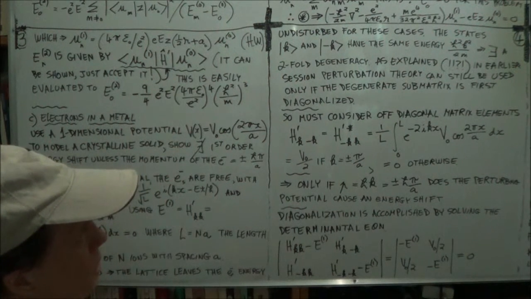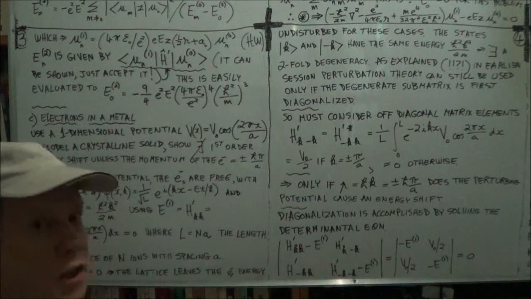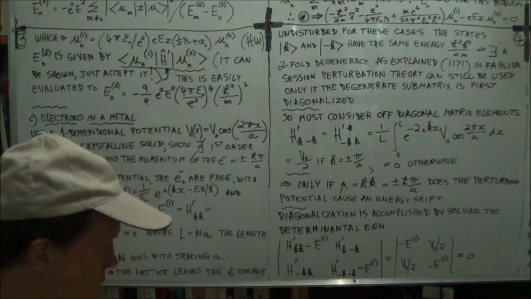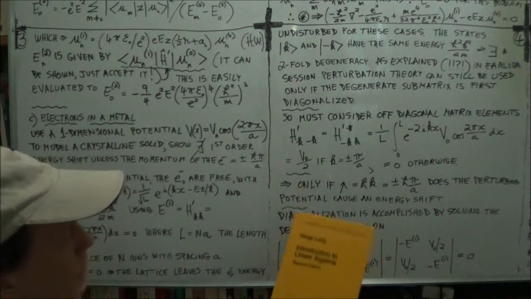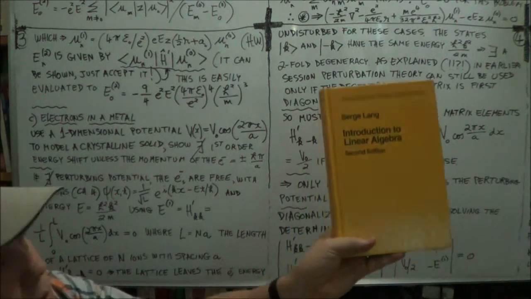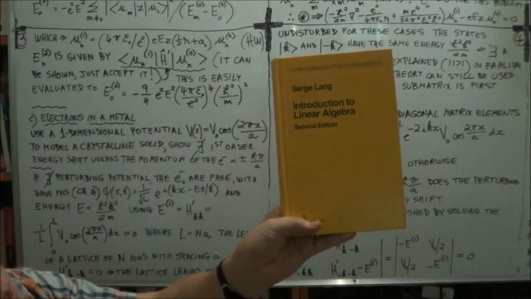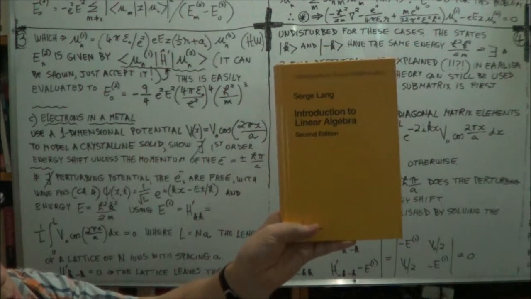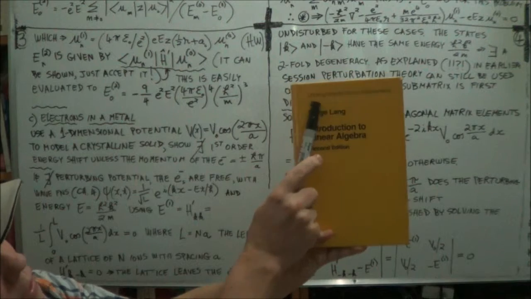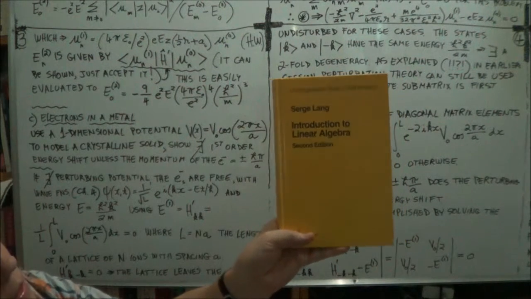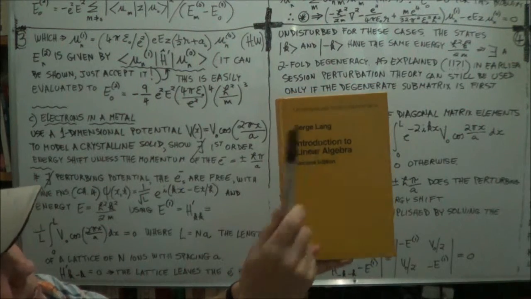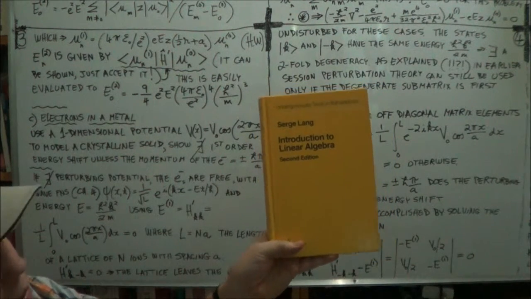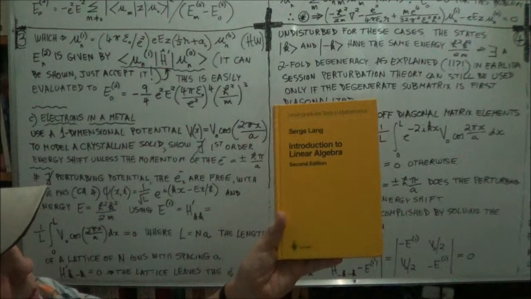You need to know some linear algebra, and while I'm talking about that, let me give a plug. I've done this before. This is the textbook that I'll be using. It's at undergrad level. You can see here undergrad text in mathematics. It's by Serge Lang, who's a rather famous name, especially with Springer, the publisher.